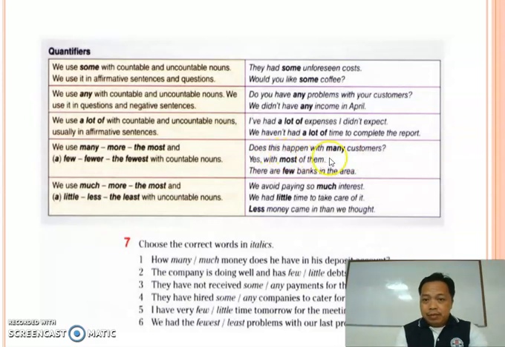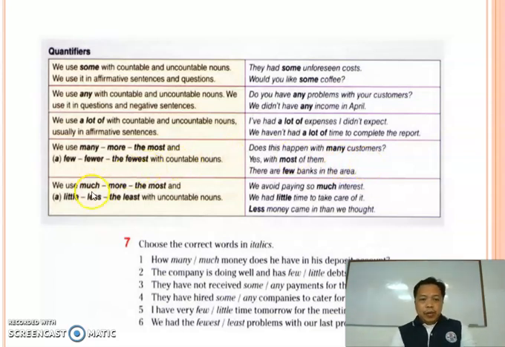Does this happen with many customers? So many customers is countable. Yes, with most of them. Most of them. So them here, the people mentioned here, is the customers. There are few banks in the area. So banks is also a countable noun. Okay? Did you get it? Yes.